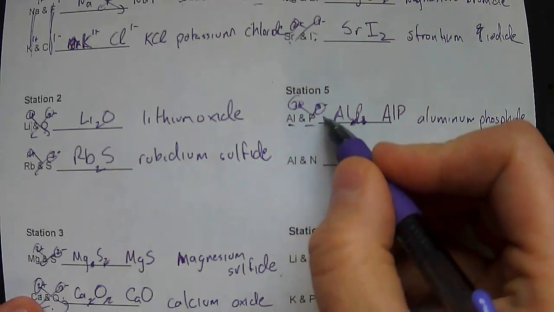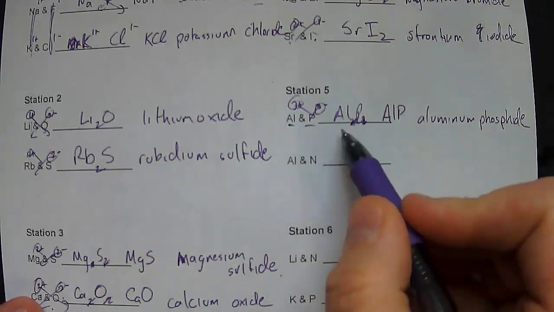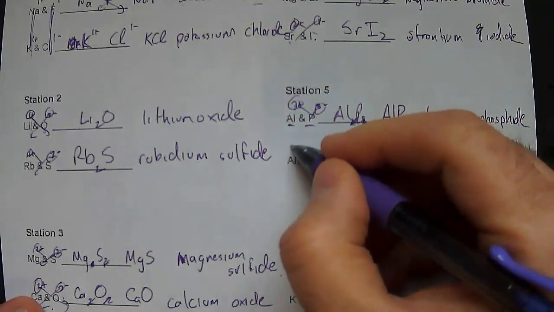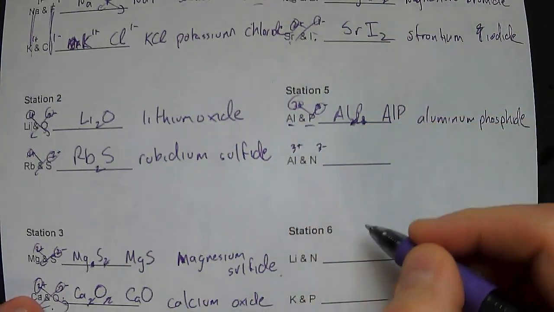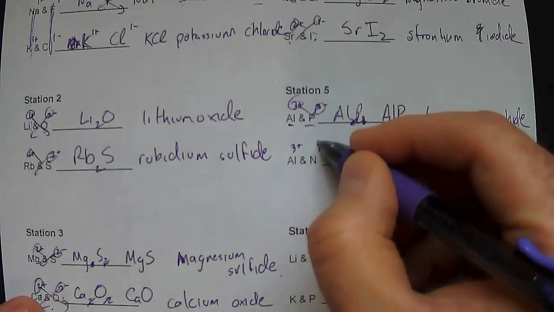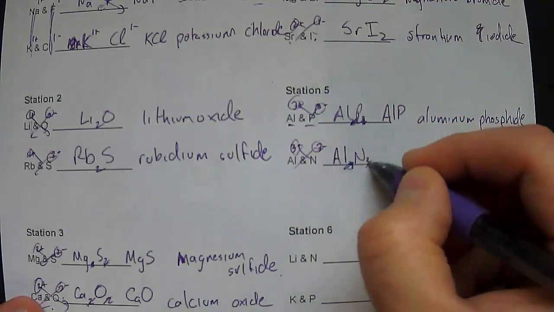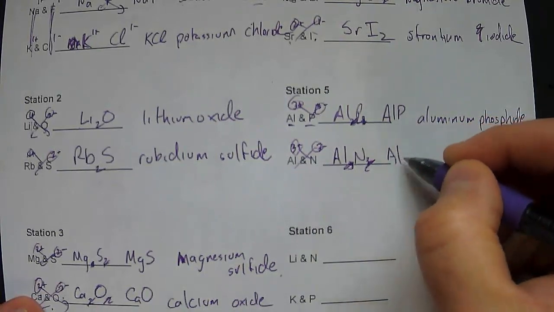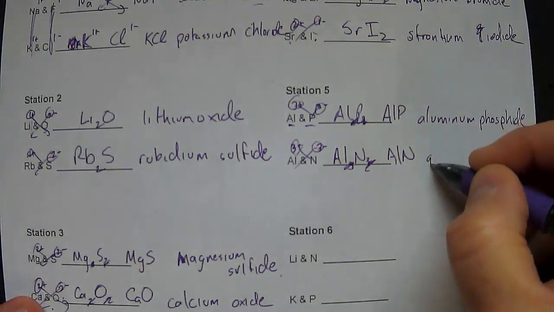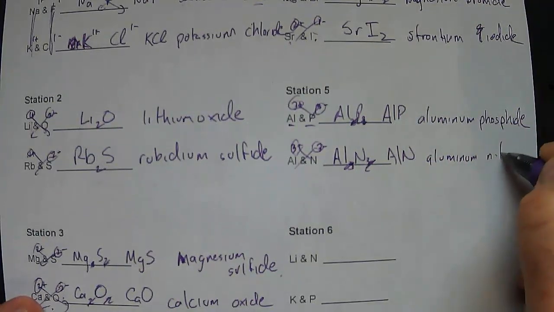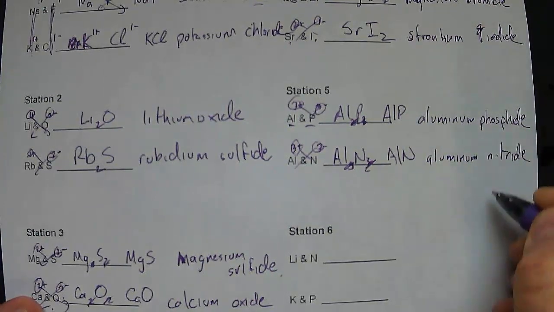These two are in the same family, so my guess is we're going to make the compound the same way. So Al is 3 plus, N is 3 minus. So we would crisscross, Al3N3, but they're the same. So we reduce it. So it's AlN. Okay. So that's going to be aluminum nitride.